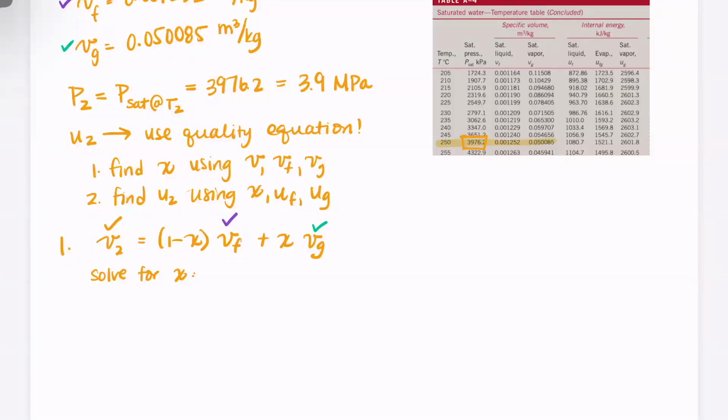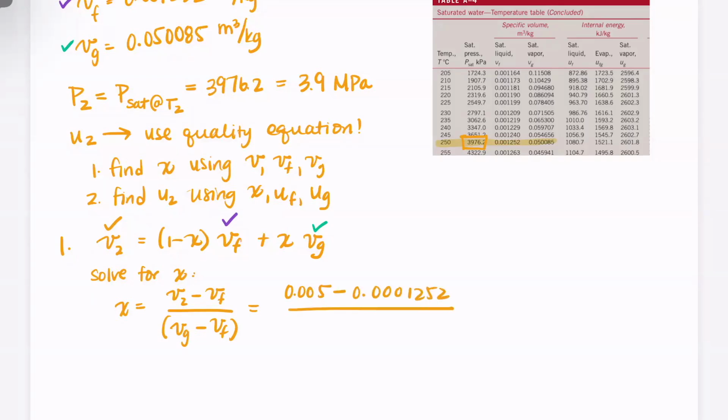So we have that X is equal to V2 minus VF divided by VG minus VF. So we have 0.005 minus 0.0001252 divided by 0.050085 minus 0.0001252.